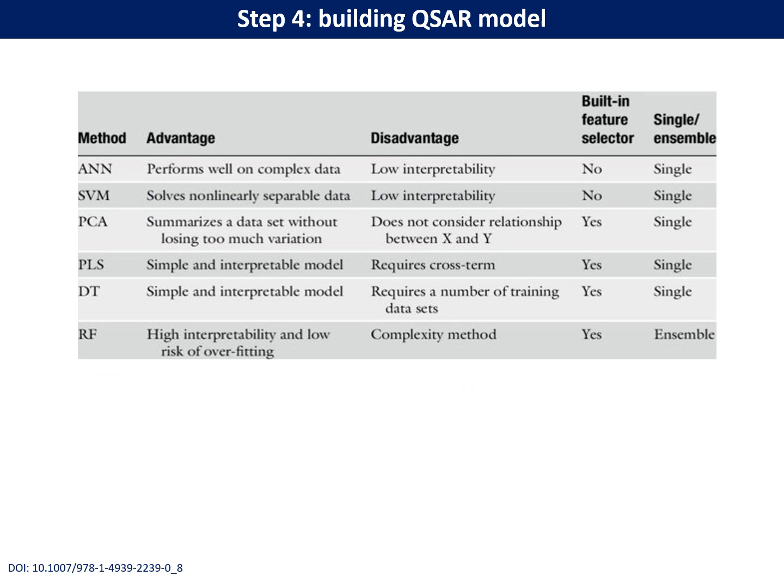Each model has its own advantages and disadvantages, so that's why we need to perform several models simultaneously. For example, here ANN has the advantage that it performs well on complex data, but it has a limitation of low interpretability.